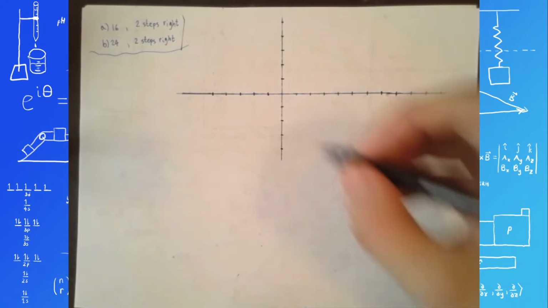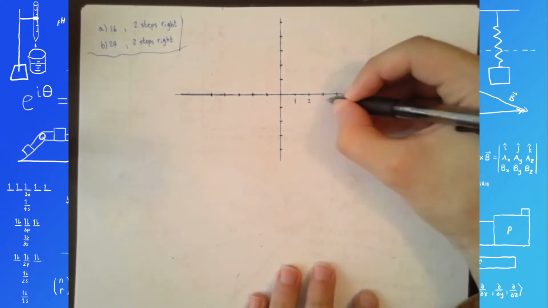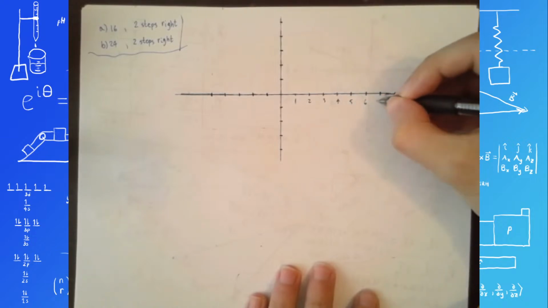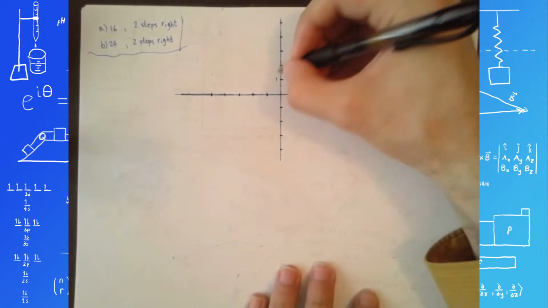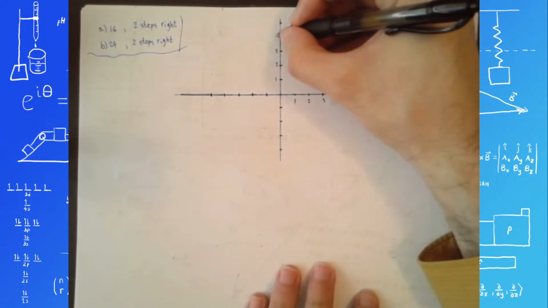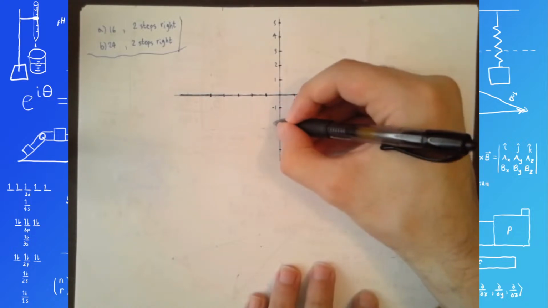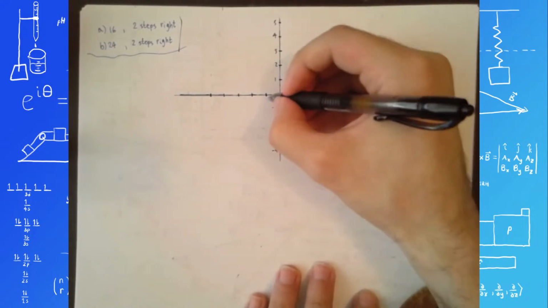Anyway, let's mark these 1, 2, 3. I should have just counted by 2s. 4, 5, 6, 7, 8, 9, 10. 1, 2, 3, 4, 5. -1, 2, 3, 4.